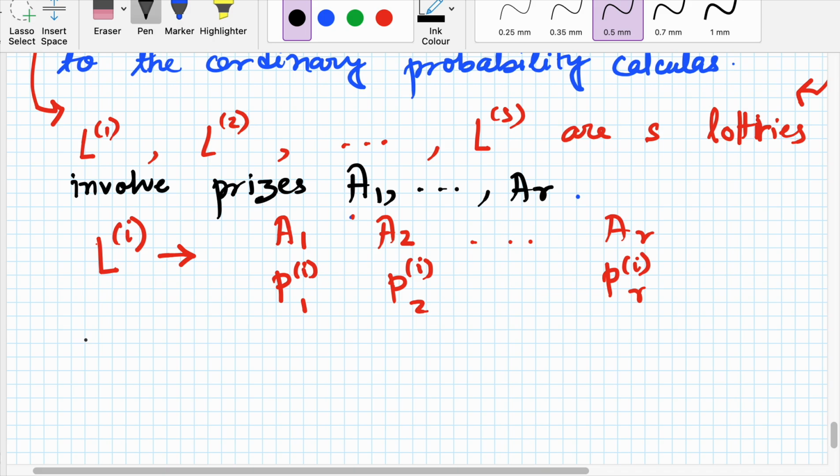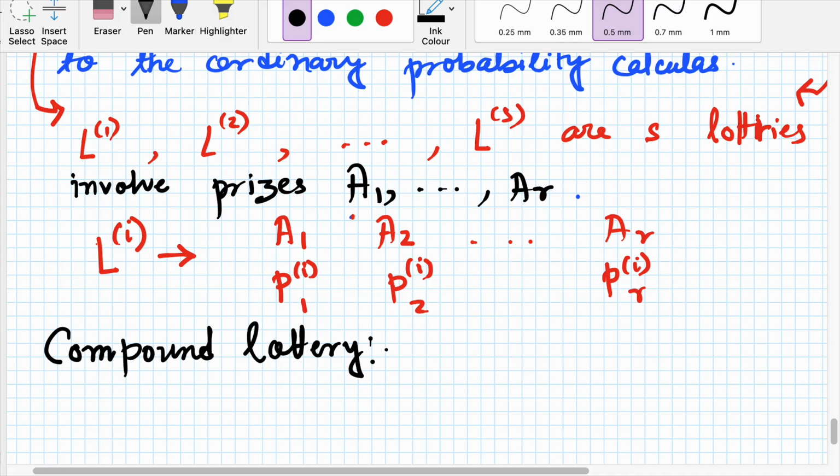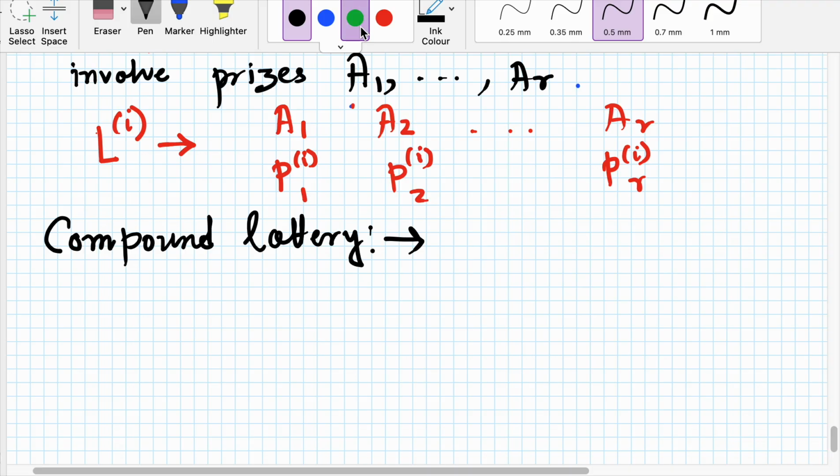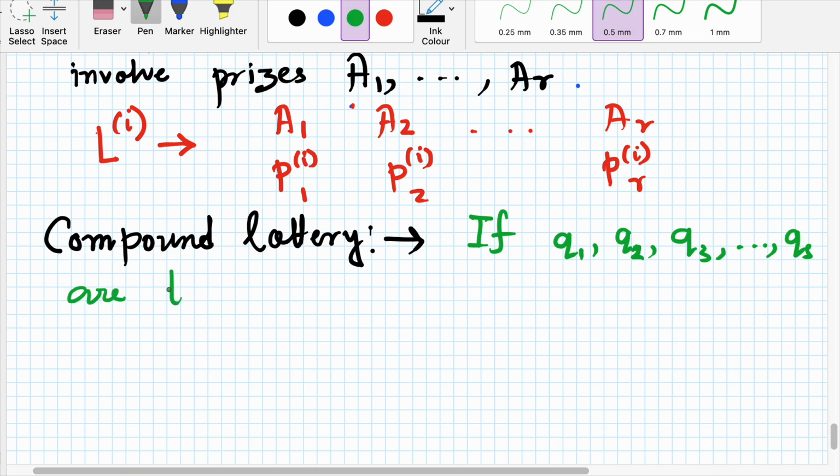Now what are compound lotteries? What is an example of a compound lottery? Suppose Q1, Q2, Q3, QS are probabilities.